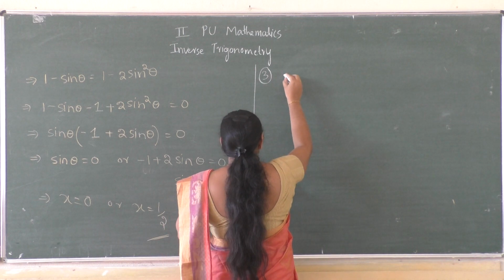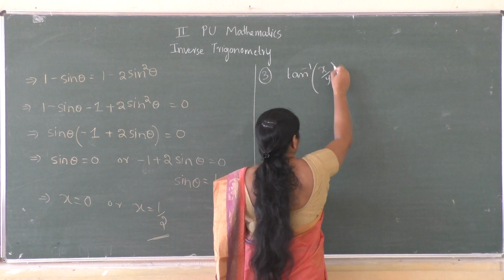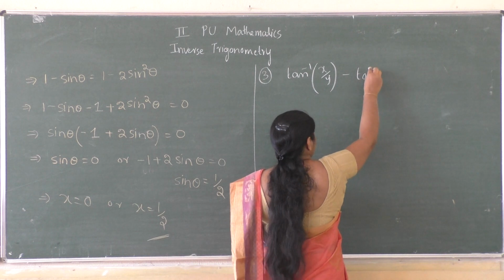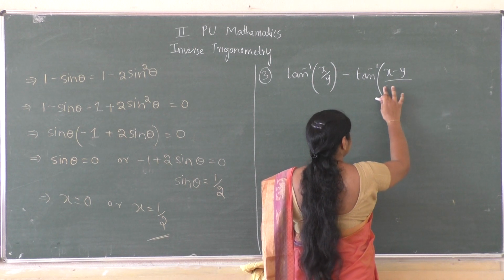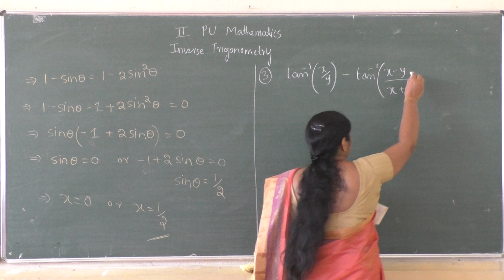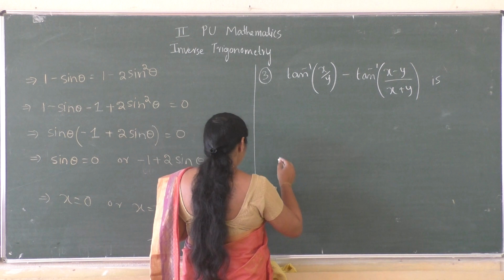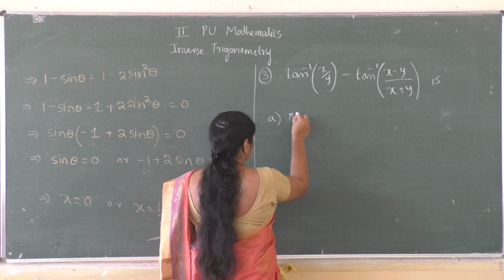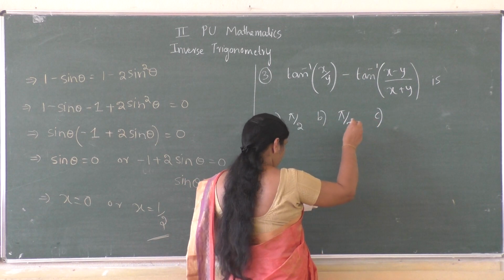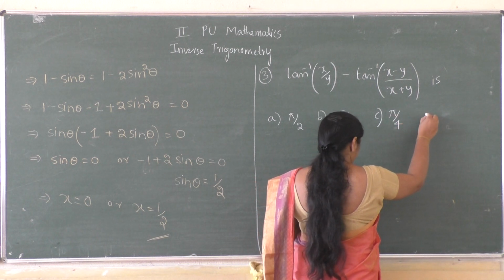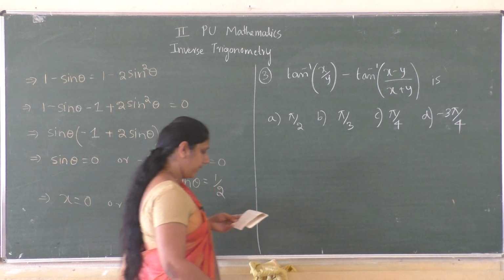Next question. Tan inverse x by y minus tan inverse of x minus y by x plus y is: option A pi by 2, option B pi by 3, option C pi by 4 and option D minus 3 pi by 4.